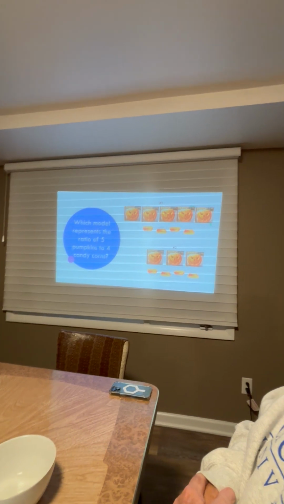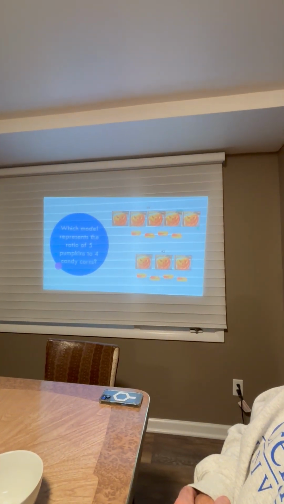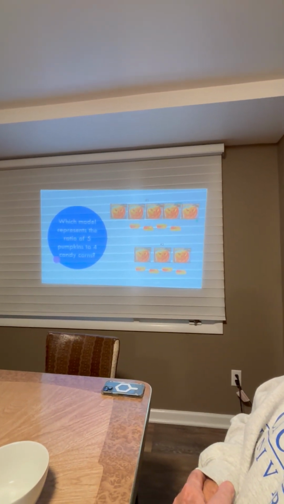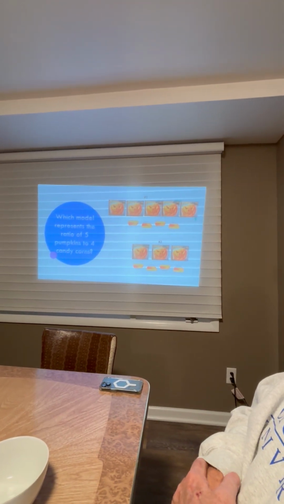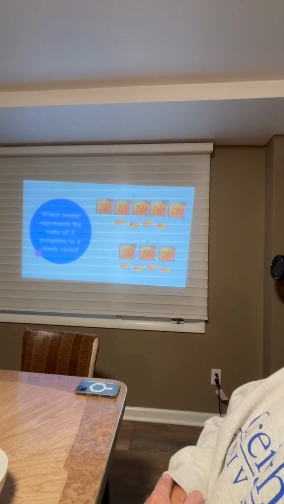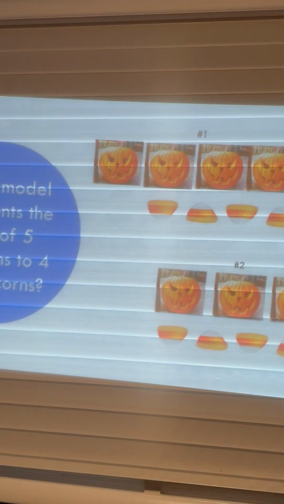So here is our question. Which model represents the ratio of 5 pumpkins to 4 candy corns? Count the number of pumpkins and the number of candy corns, and raise your hand when you have an answer.